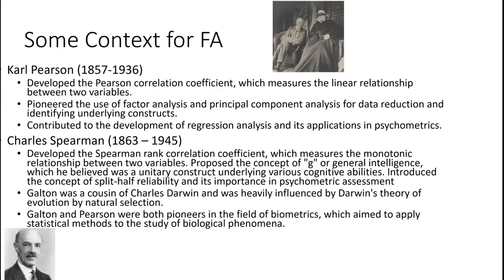They pioneered the use of factor analysis and PCA for data reduction and identification of underlying constructs. Of course, when you think about a correlation, what generally you're thinking of is a Pearson correlation. Spearman developed the rank correlation, or the Spearman correlation.